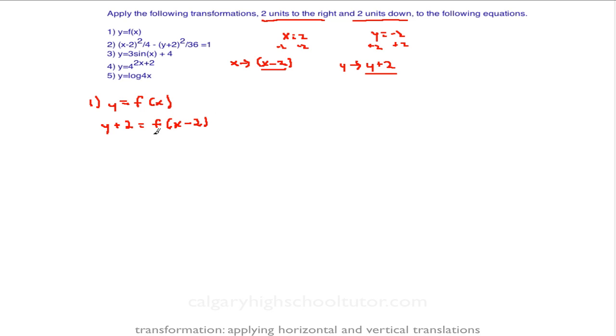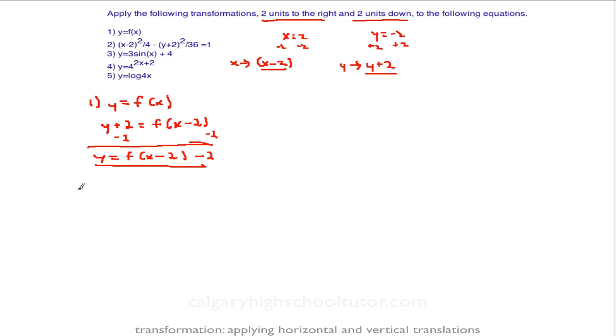And like always, we solve for y, so we subtract 2 from both sides, which gives us a final formula of y is equal to f of x minus 2, minus 2. That's the transformed equation of question number 1.